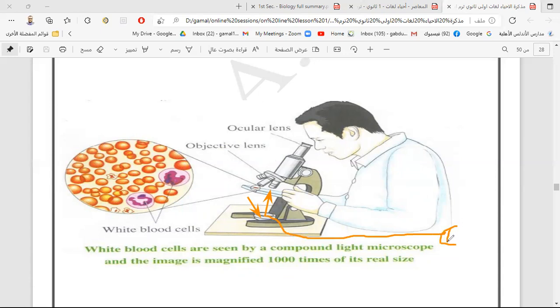And here there is a lamp, not a mirror, and the lamp can light the slide which you study. So this is a light microscope using artificial light, but the other one is a light microscope using natural light. So we depend on the light in using the light microscope, so it has this name, the light microscope.